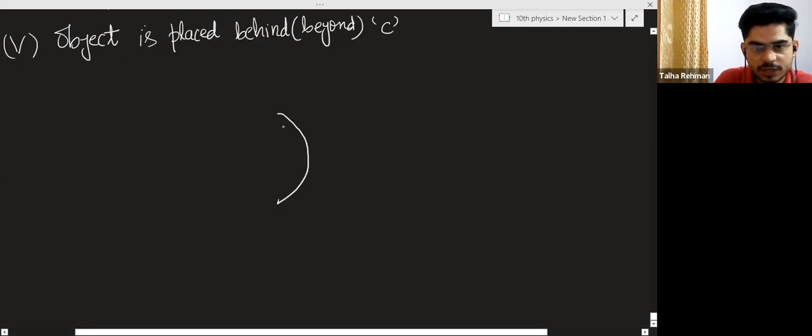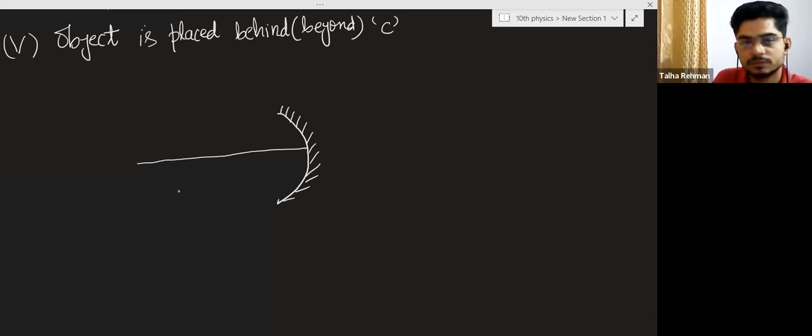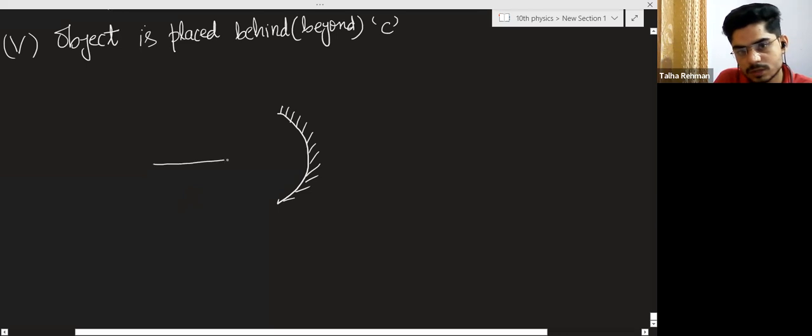So this is the concave mirror and this is the coating. Now suppose this is focus, this is center of curvature somewhere here, and the object is placed beyond C here.